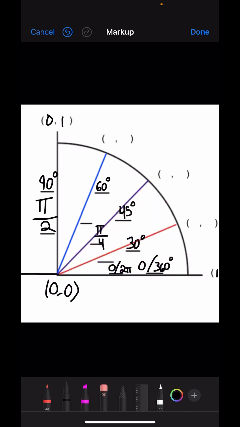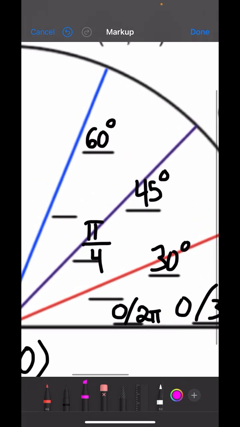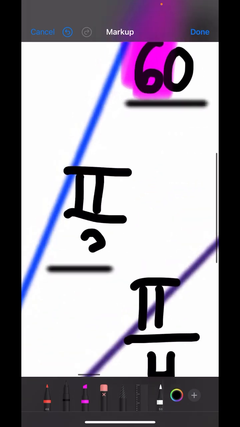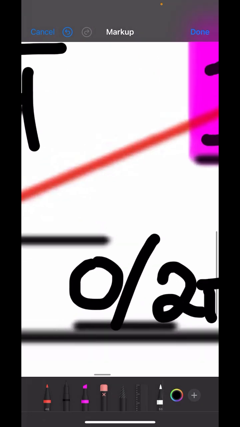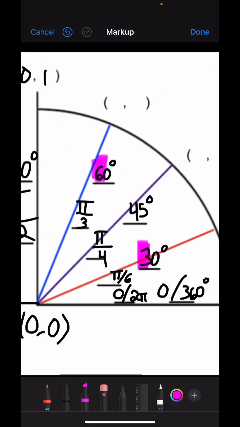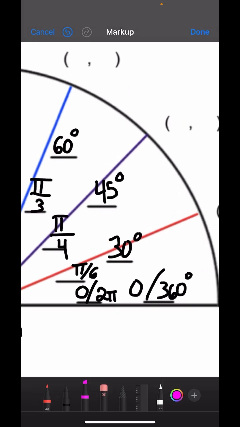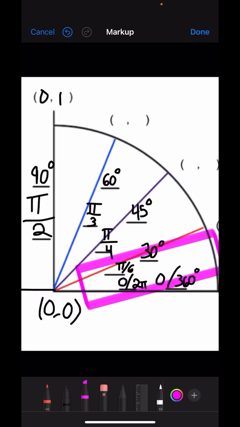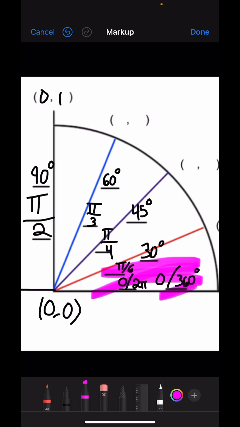And then with this one, kind of similar, except the numbers for these are opposites. So this is pi over 3, and this is pi over 6. So the numbers are opposites here, and it's important to remember that just this area here is pi over 6.